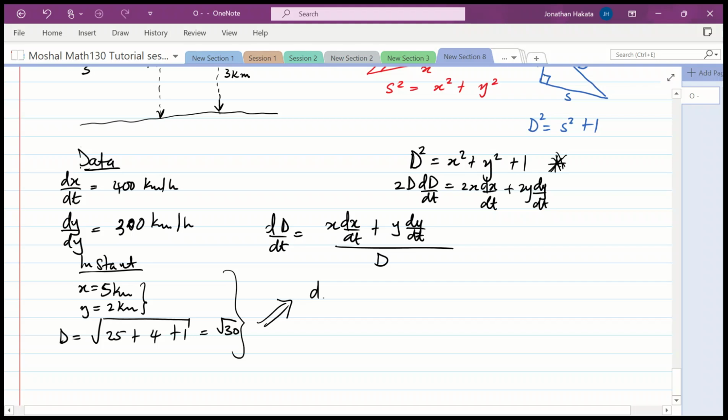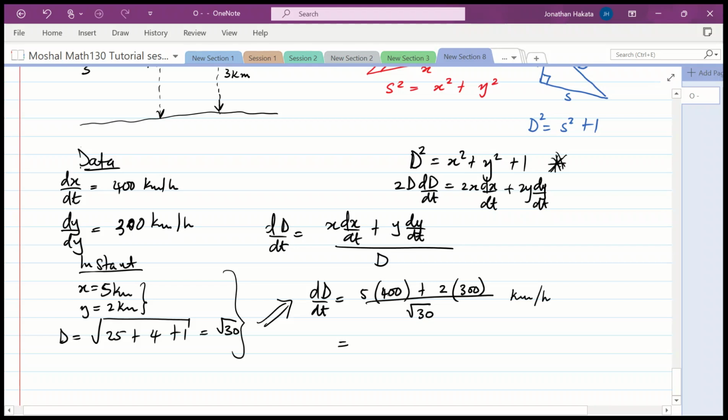So dD/dt, the one we are required to find, is x is 5 and dx/dt is 400 plus y is 2 and dy/dt is 300 all over root of 30. And the units are kilometers per hour because distance is just kilometers per hour, the units should match. Okay, so this is equal to, just a matter of simplifying now.